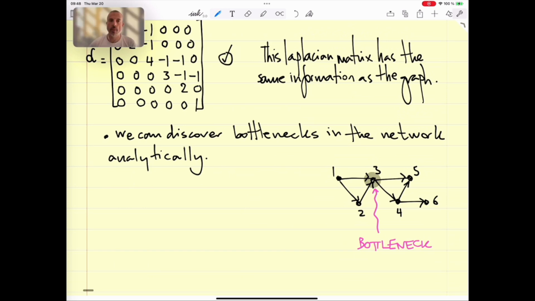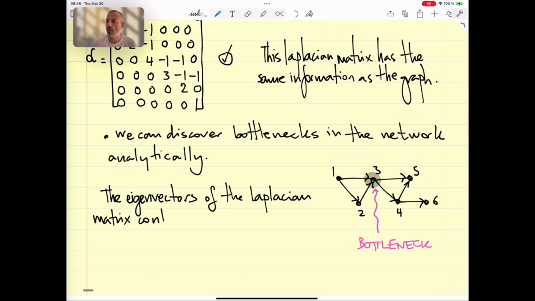So the eigenvectors, you can see it in the eigenvectors. The eigenvectors of the Laplacian matrix contain information about its partitions.